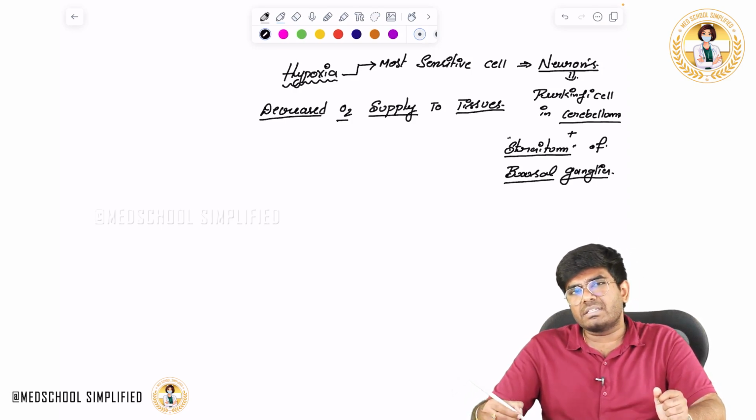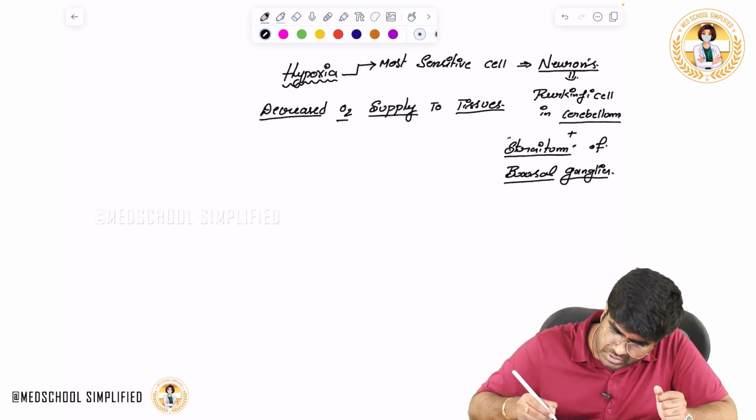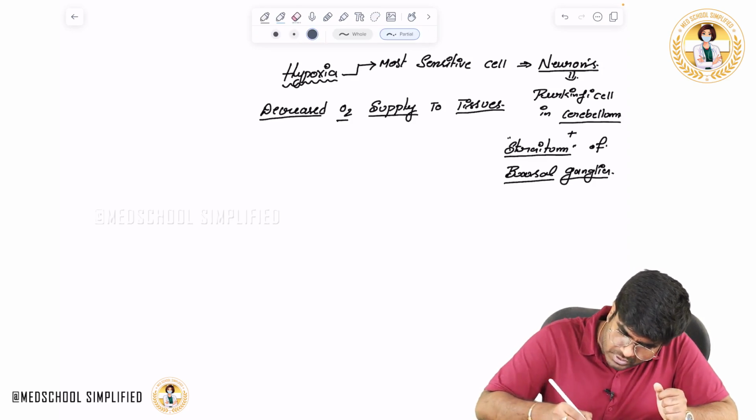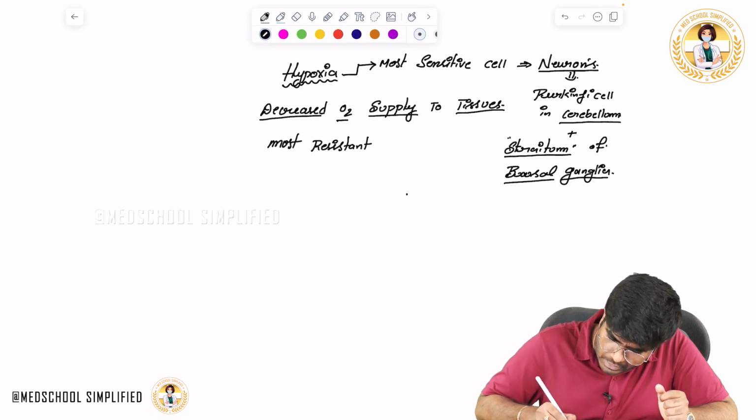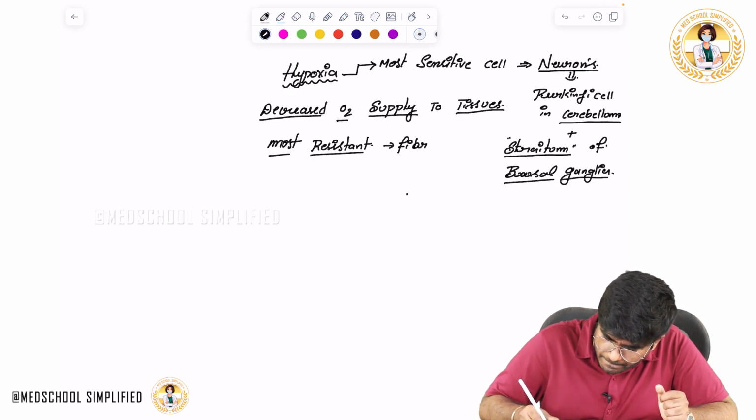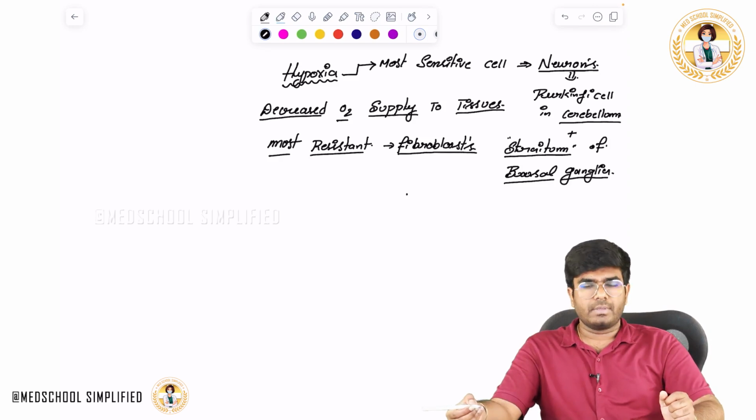What is the most resistant structure for hypoxia? Which cells are most resistant to hypoxia? The most resistant cells are your fibroblasts. These are the most resistant cells.